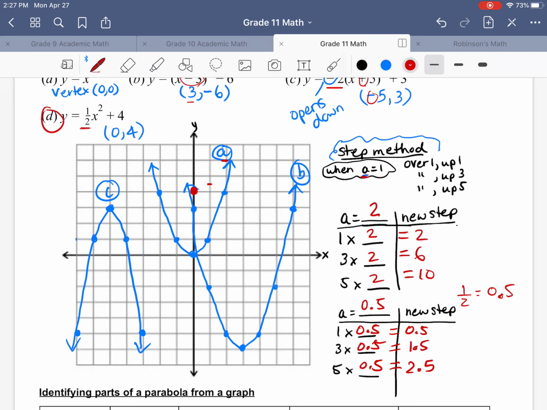We don't have space to go over and then up 2.5, but that's okay because we'll still end up with 5 points in total. We're going to do the same thing on the other side. So on the left-hand side, we go over 1, up 1/2, put a point, over 1, and then up 1.5, put a point, and we're going to draw our curve smoothly through those points. And we should label this D.